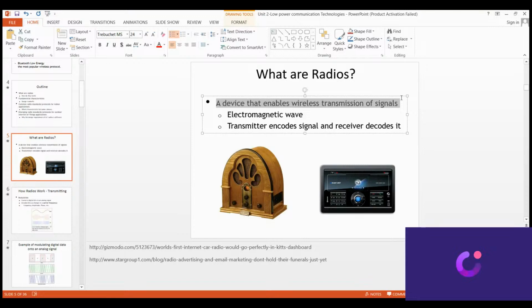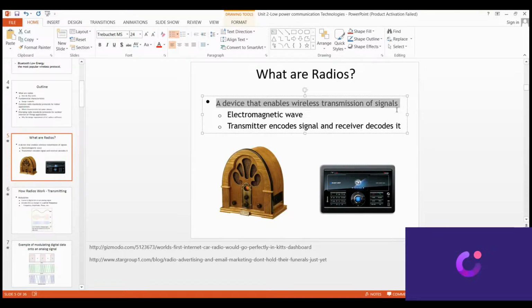Remember, we have the point-to-point connection where the devices must be connected in order for the transfer of information to take place. But when you talk about the radio, it's a device that enables wireless transmission of signal.